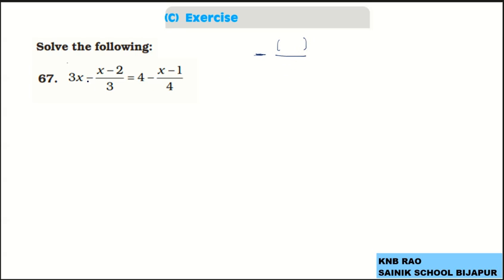For example, here minus x minus 2 upon 3. What does it mean? It means minus of x minus 2 upon 3. That means now this minus sign removes the bracket, which means minus x plus 2 by 3.